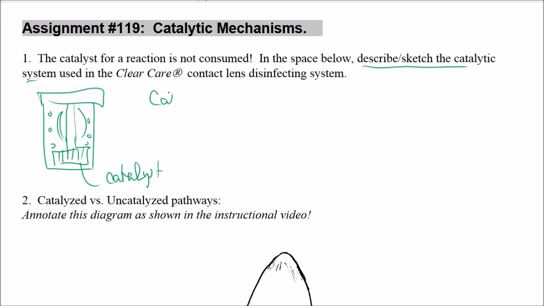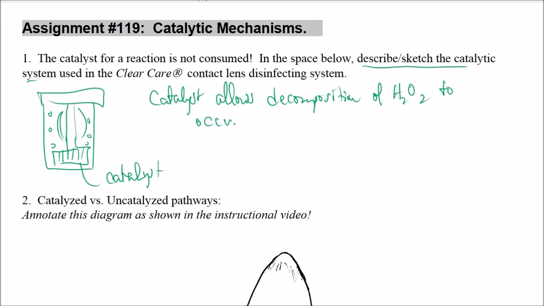The catalyst allows the decomposition of H2O2, the hydrogen peroxide, to occur at room temperature. So the actual reaction is the H2O2, actually two of them, turning into two molecules of water, which remain in the vial, and oxygen gas that bubbles out.